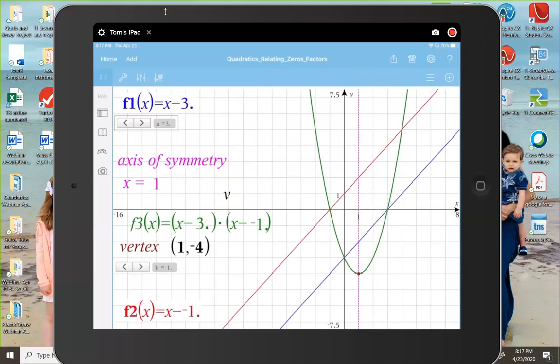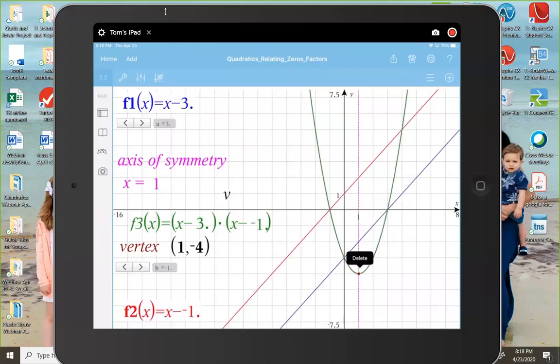One of the things I would want my students to do is realize that the vertex is always halfway between the two x-intercepts, either above or below. You'll notice my parabola dance comes in handy here, over 2 and up 4, or over -2 and up 4 to get to it. And that's where it's right in the middle. It's the average of those two. So I like this. Again, students can play and investigate, explore, and discover the math.